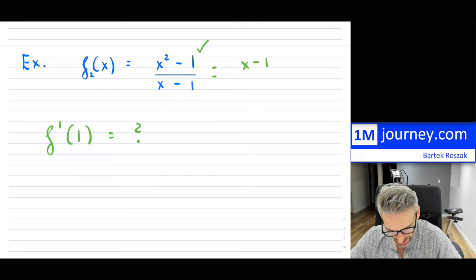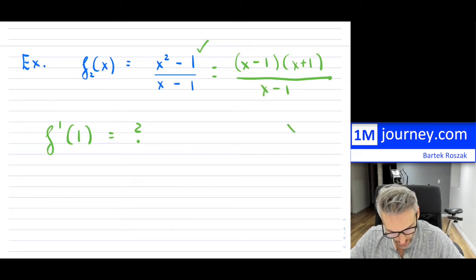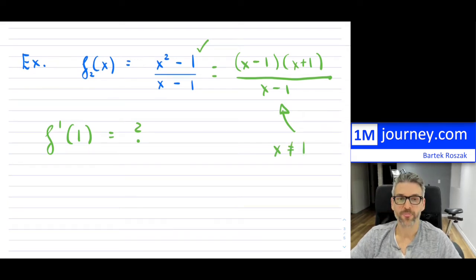So this is x minus 1 multiplied by x plus 1. And then in the denominator, I have x minus 1. Now, this tells me that x cannot be equal to 1. So it's not continuous at 1.